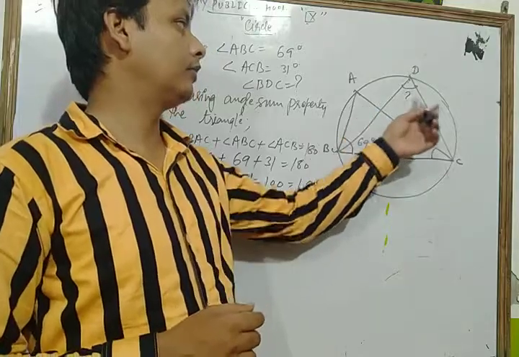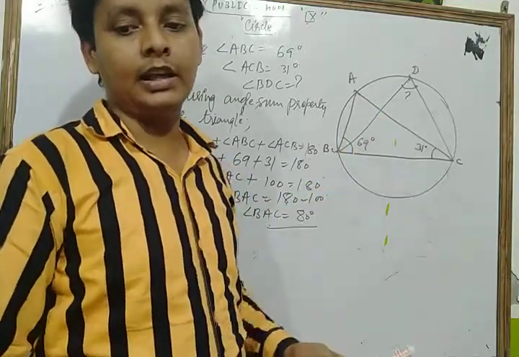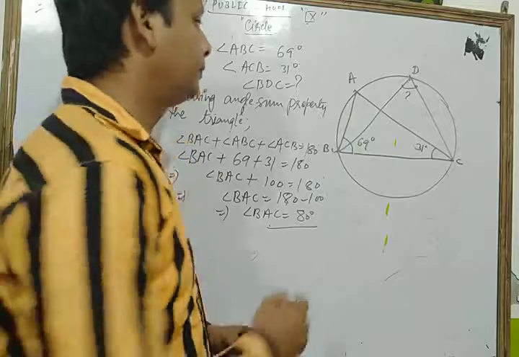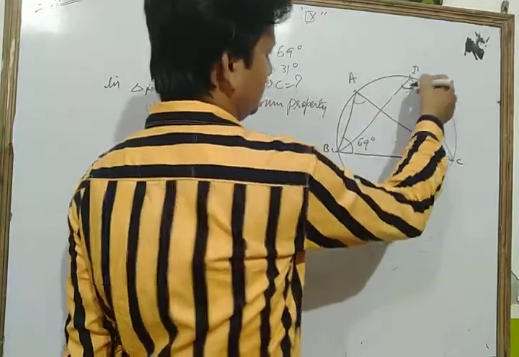Now by theorem, dear students, we discussed the theorem in the previous class. Angles in the same segment are equal. So here angle BAC is equal to angle BDC.